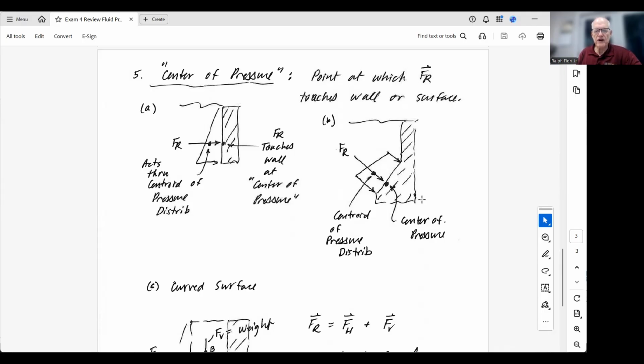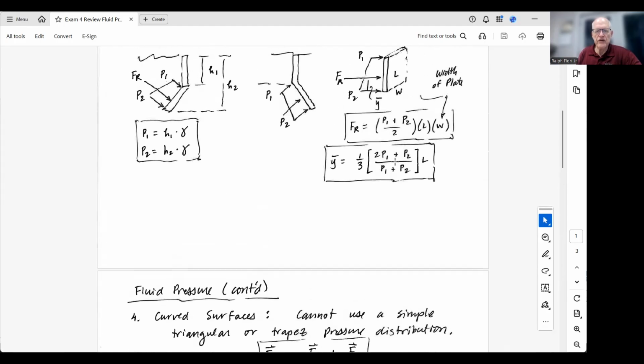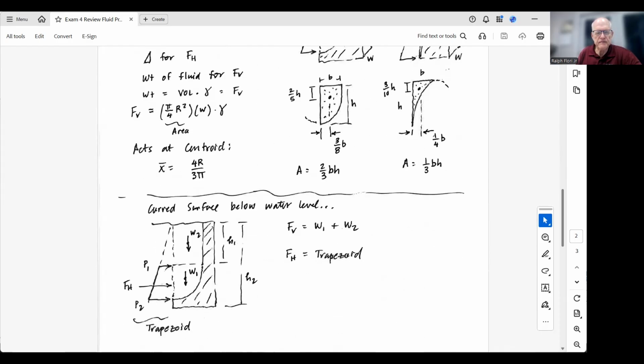If you have a trapezoid, the FR, the center of pressure where it touches the wall, is in line with the centroid here, which again is 1/3 times (2P1 plus P2) divided by (P1 plus P2) times L, which is less than halfway along this plate. So FR acts through that centroid and it touches the wall at that location as well.